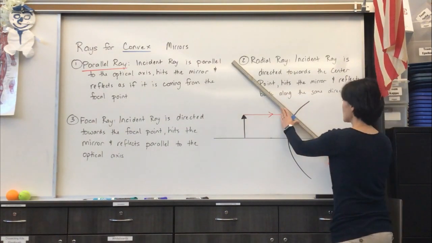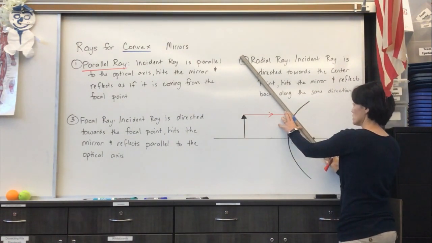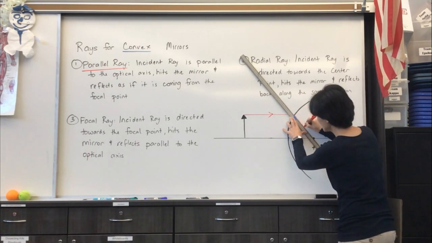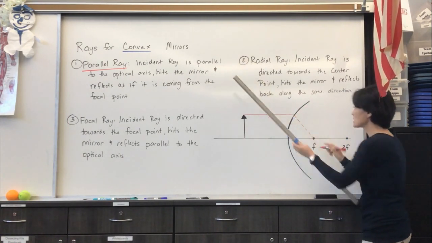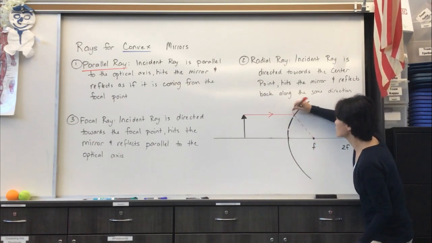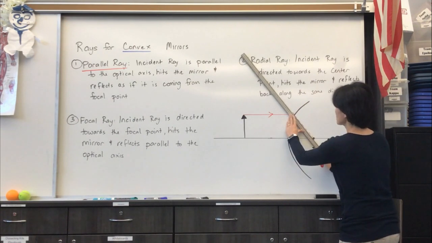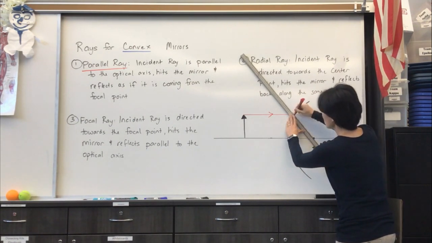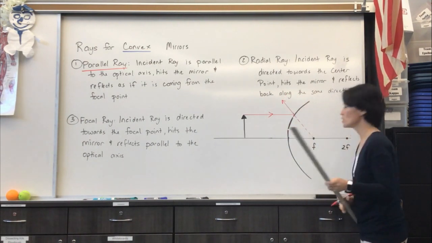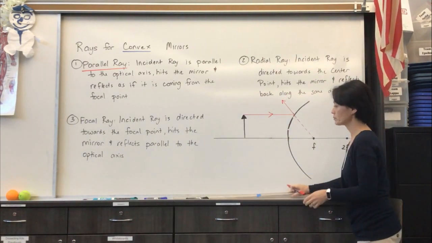So I'm going to line up, and I'm just going to draw like a dashed line so you kind of see. So it's coming off of this point and then it reflects, oh, I should use my ruler. It's going to reflect along that direction. Okay? So that's the parallel ray.